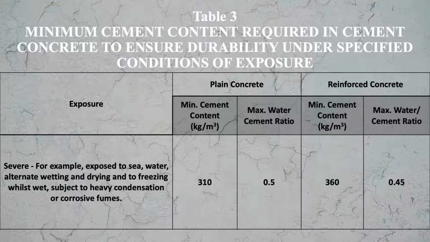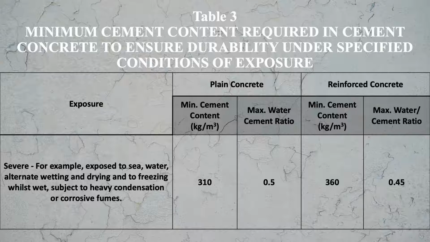For severe exposure condition, for example, exposed to sea water, alternate wetting and drying, and to freezing whilst wet and subjected to heavy condensation or corrosive fumes. If such conditions are there, for plain concrete, the minimum cement content is 310 kg per meter cube.